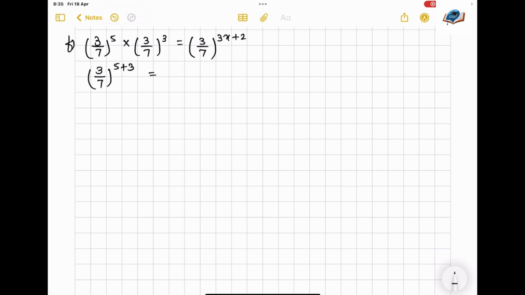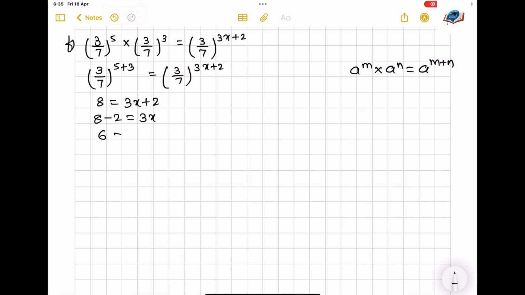So equal to 3 upon 7 whole raised to 3x plus 2. Which identity have I used? A raised to m into a raised to n equals a raised to m plus n, on the LHS side. So 8 equal to 3x plus 2 because base are same, so power should be same. So 8 minus 2 equal to 3x. So 6 equal to 3x. So x equal to 2.